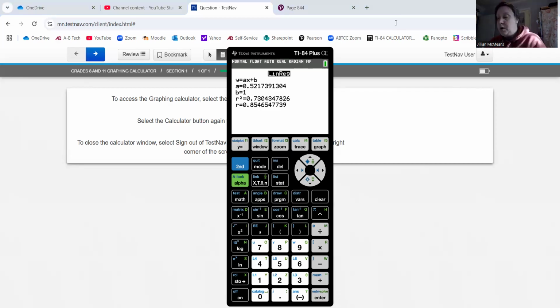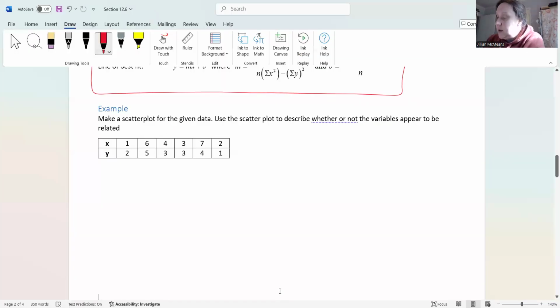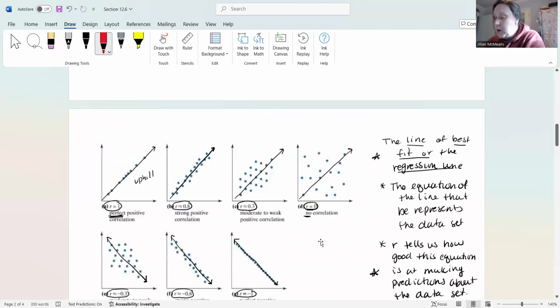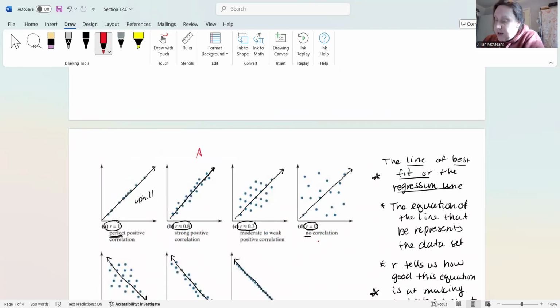we had a graph that looks sort of like this. We could see that there was probably some kind of a line that went through it. But most importantly, we found on the calculator that R was 0.85. And if we go up to those pictures that we looked at before, looking at this one right here, we definitely had some kind of positive correlation from the graph that we saw on the calculator.